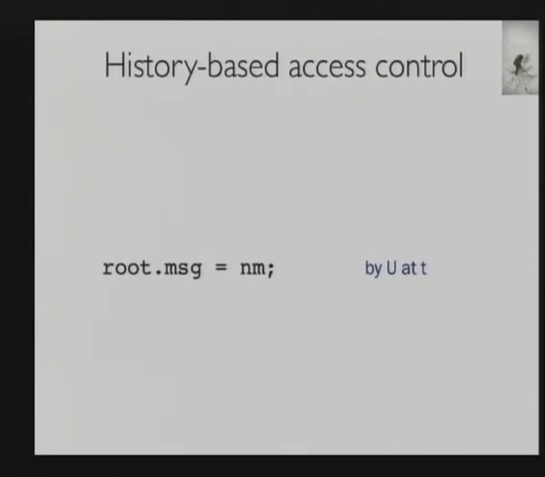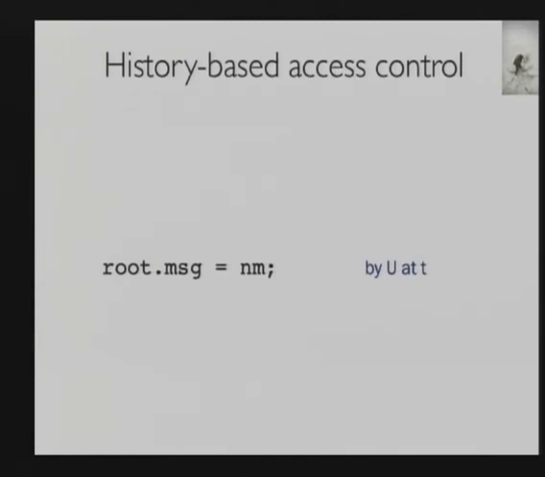Should we allow that operation to proceed? Well, it's very hard to say. You don't have enough context. You could say, well, if root is the global object, maybe by fiat I will decree that no writes to the global object are allowed. But that's probably too restrictive.